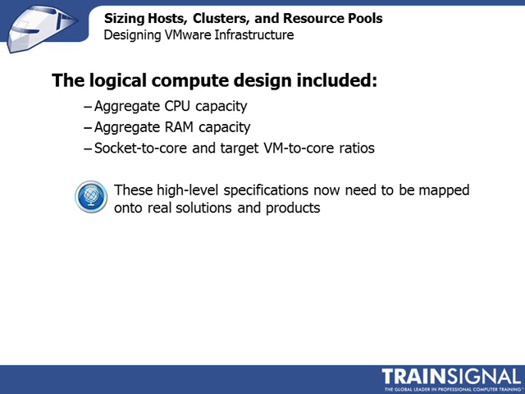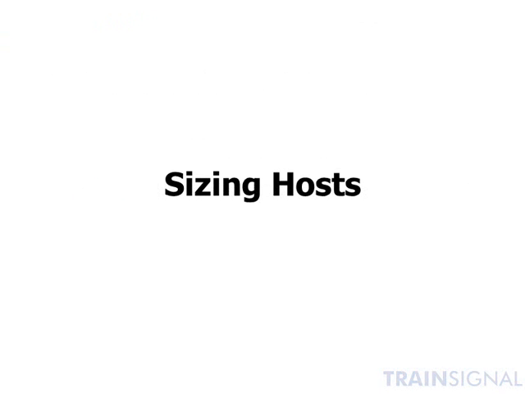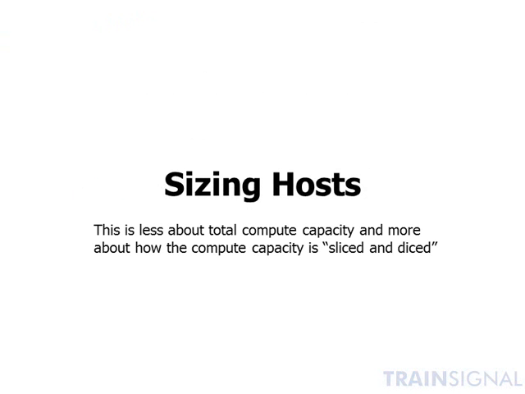Let's start by discussing how we go about selecting and sizing the hosts, the compute nodes that we're going to use. When it comes to sizing hosts, at this point it's less about total compute capacity because we've already taken care of that in the logical design, and more about how we're going to slice and dice that compute capacity.